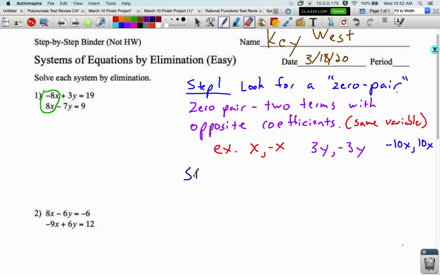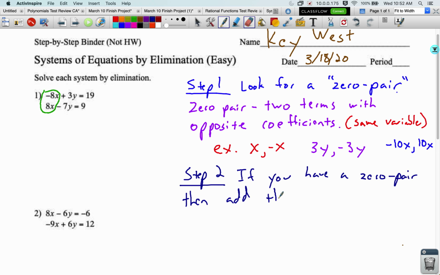All right, step two. So if you have a zero pair, then add the two equations together.